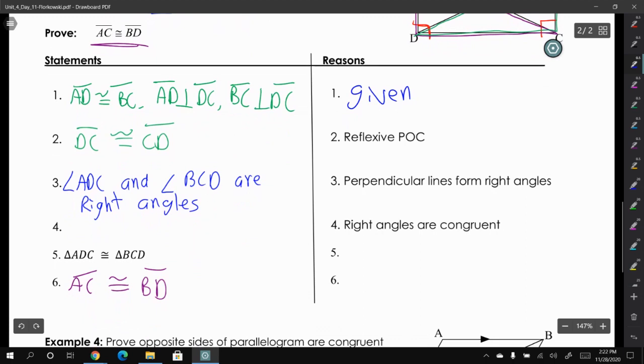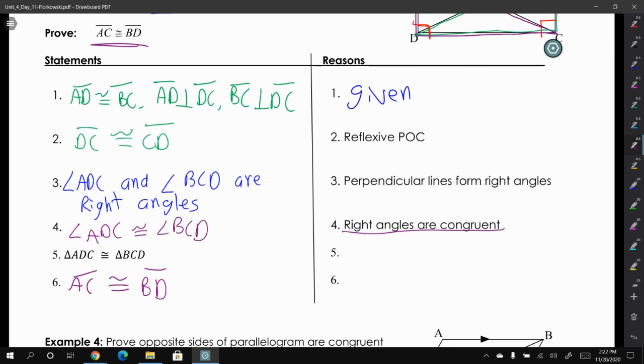So then if those two angles are right angles, that means they're also congruent because right angles are congruent. So angle ADC is congruent to angle BCD. So statement 5 now goes to triangles. ADC is congruent to triangle BCD.